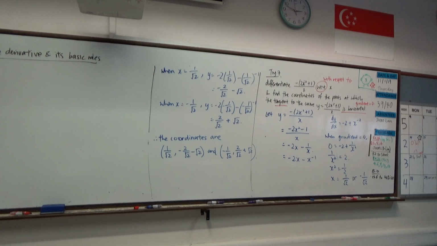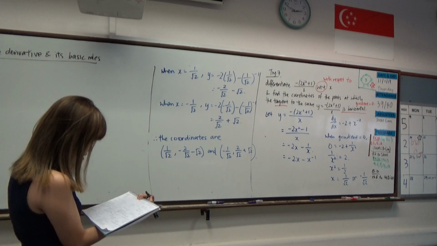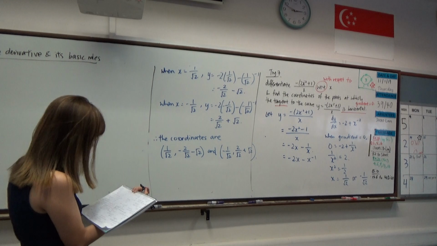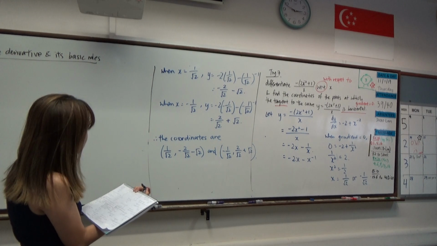1 over square root 2. Where is it wrong? The textbook says the answer is only negative 2 divided by square root. My book also says the same. Where did I go wrong?